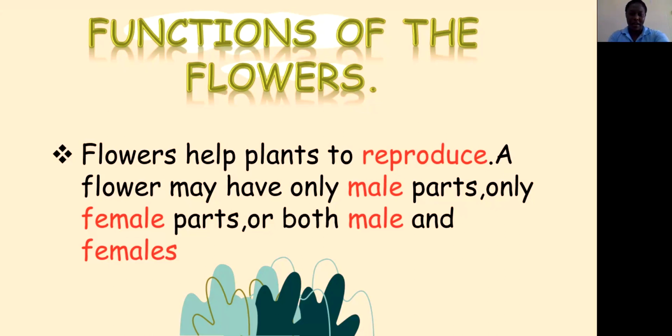A flower helps plants to reproduce. So it is a reproductive part of a plant. A flower may have only male parts. It may have only female parts. Also, it can have both male and female.